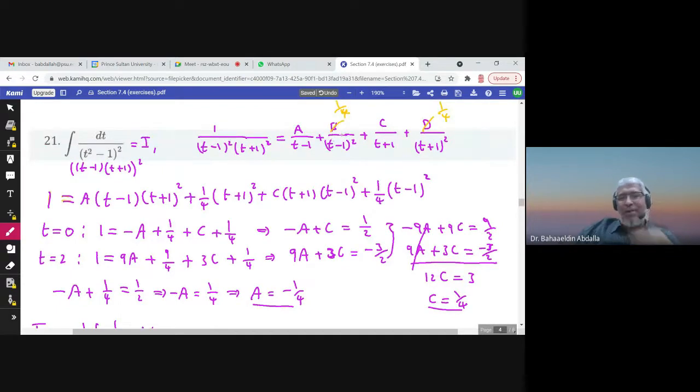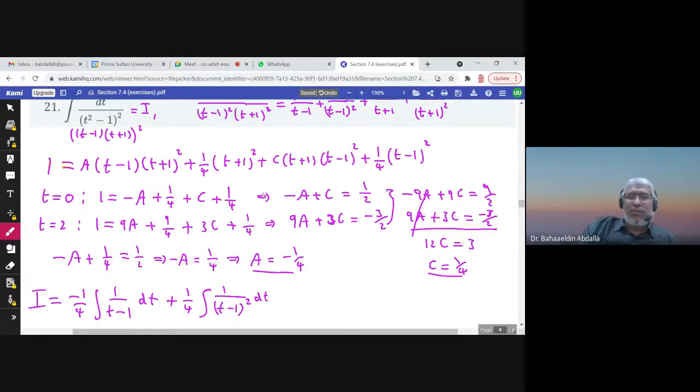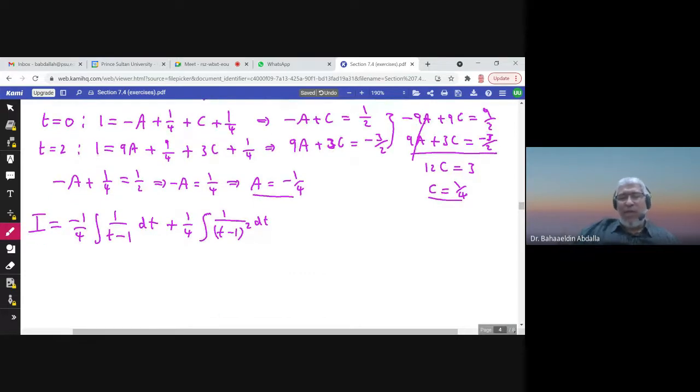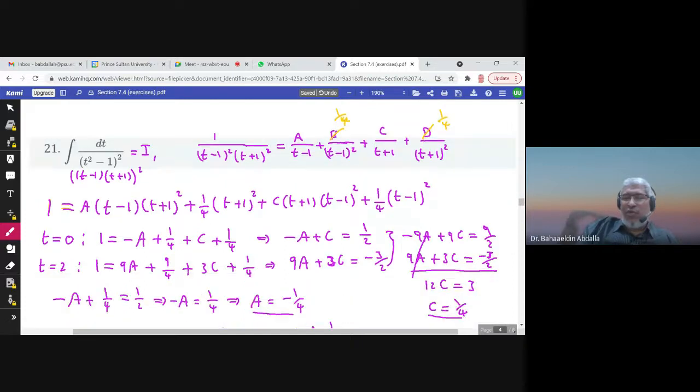Plus b is 1 over 4, over t minus 1 to the power 2 dt, plus c over t plus 1. And c is 1 over 4. Finally, plus d, which is 1 over 4.